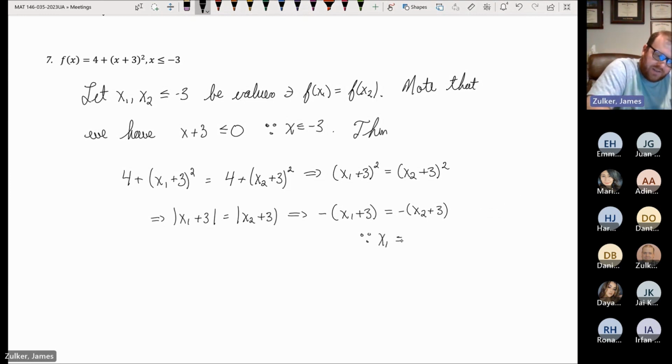Since x1 is less than or equal to -3 and x2 is less than or equal to -3. Right, that's using the fact that both x1 and x2 are less than or equal to -3 and this note.